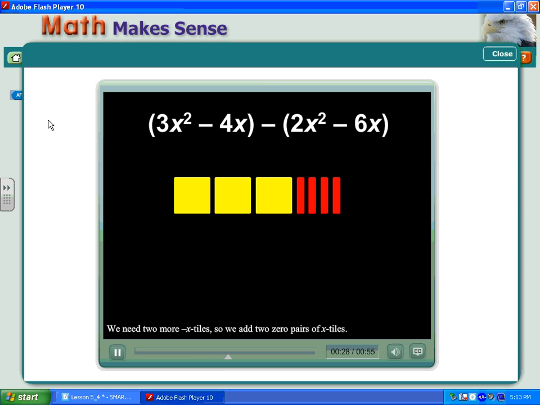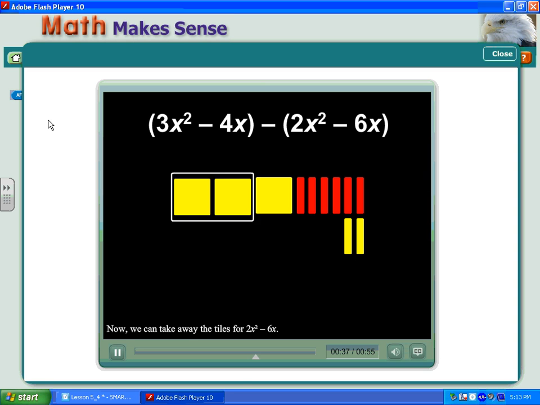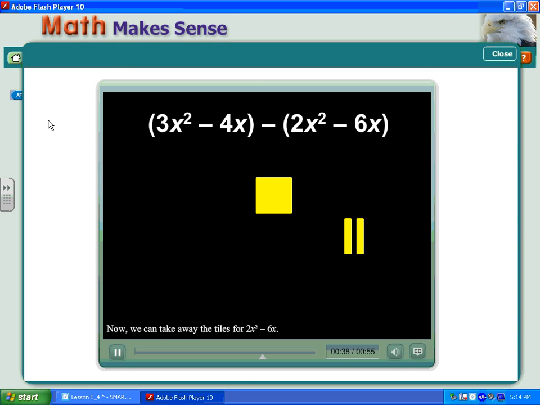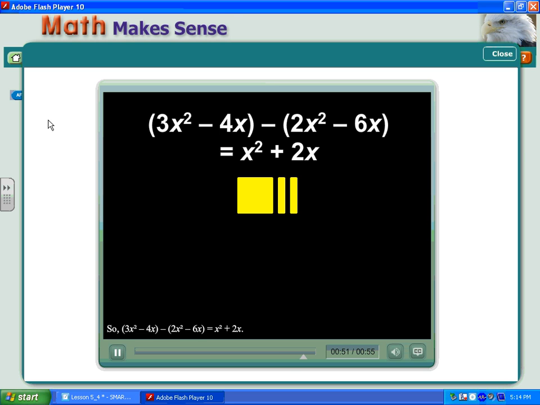We need 2 more negative x tiles, so we add 2 0 pairs of x tiles. Now we can take away the tiles for 2x squared minus 6x. The remaining tiles represent x squared plus 2x. So 3x squared minus 4x minus 2x squared minus 6x equals x squared plus 2x.